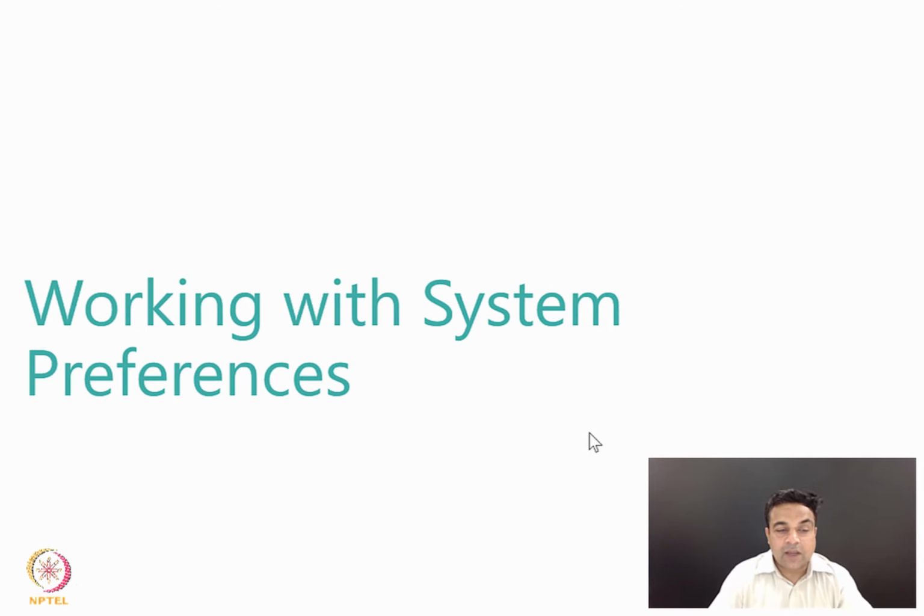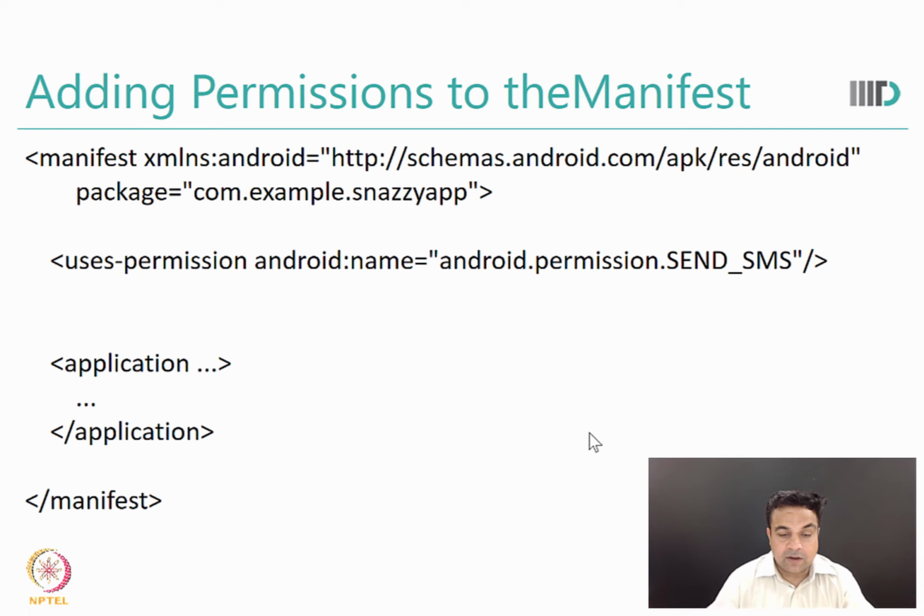Now, let's move on to working with system permissions. The first step is to add permissions to the manifest. This is for the case when we want to have certain permissions in our app. Suppose we want to have a permission called send SMS.